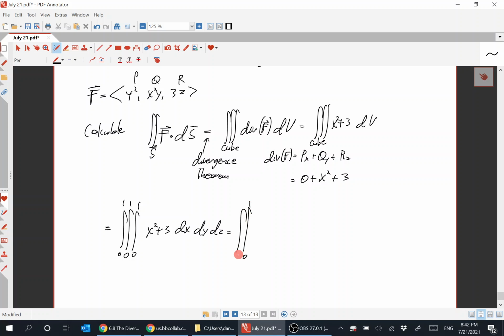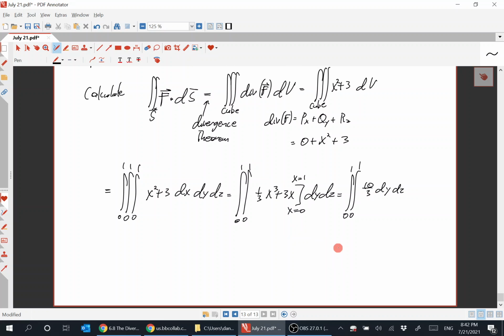So the double integral from 0 to 1, 0 to 1 of 1/3 x cubed plus 3x, from x equals 0 to x equals 1, dy, dz. So this is 1/3 plus 3, which is 10/3, dy, dz. That's just a constant, integrated from 0 to 1, and then again from 0 to 1, so it just stays 10/3 both times.